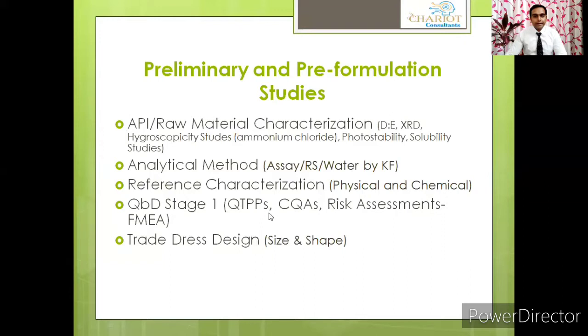Based on your QTPPs, you have to define your critical quality attributes, which will impact your safety, efficacy, and quality of product. CQAs of any drug product can include your microbial values, your SA values, your dissolution values, your physical values also.